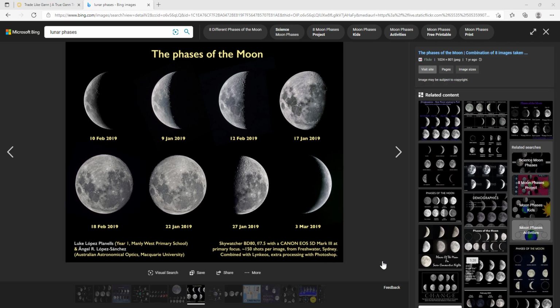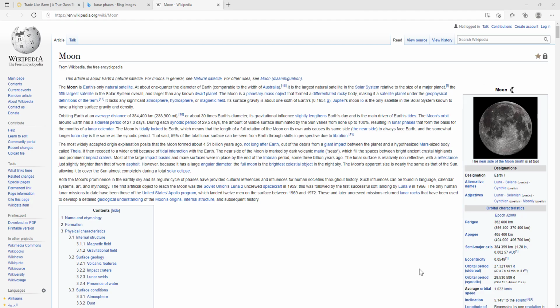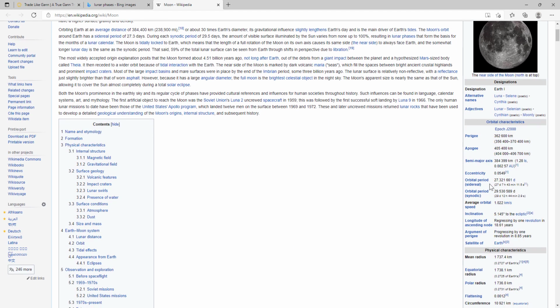The next important number for the lunar cycle is 27.32. This is the number that we use to calculate the lunar cycle, not 29.5. We are on the Wikipedia page of the moon. As you can see, we have two different orbital periods.